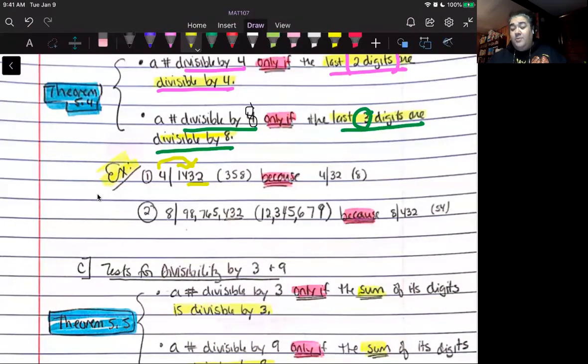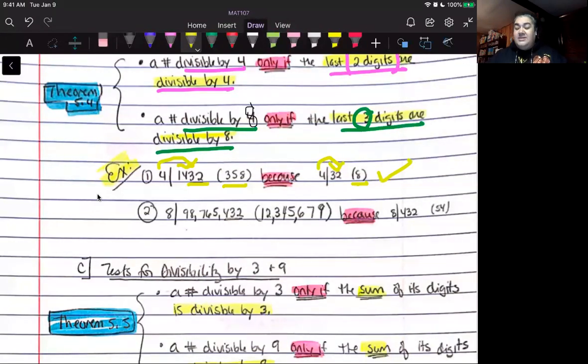You can see it here because it's part of our times tables, right? 4 does go into 32 8 times with a remainder of 0. So we should expect that 4 will go into 1,432 a certain number of times evenly, and it does. It goes in 358 times. Okay? So that's how it's holding up the divisibility by 4 test, which is included in Theorem 5.4.